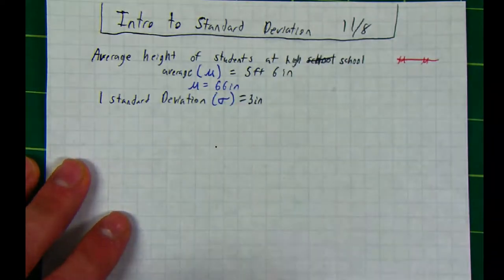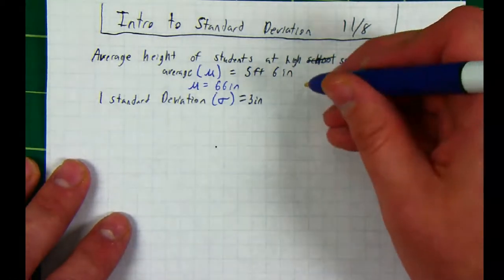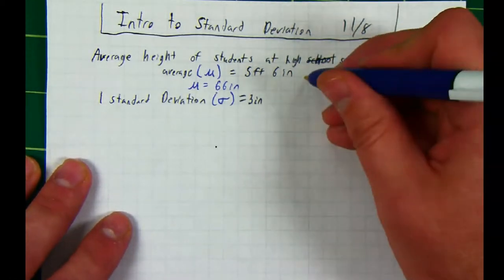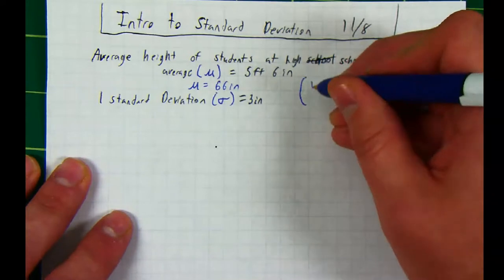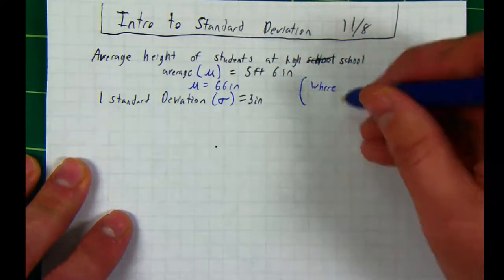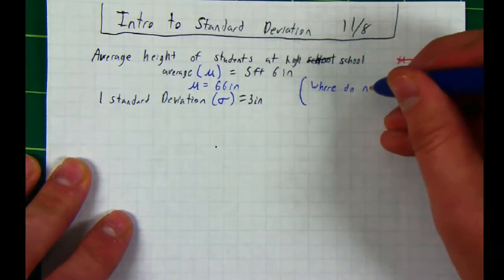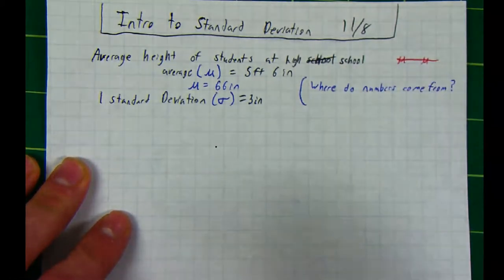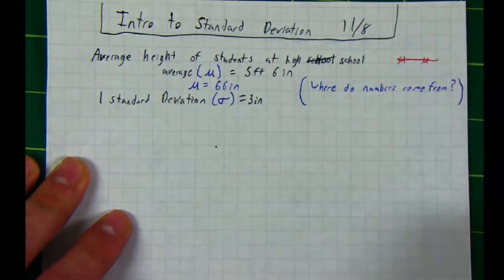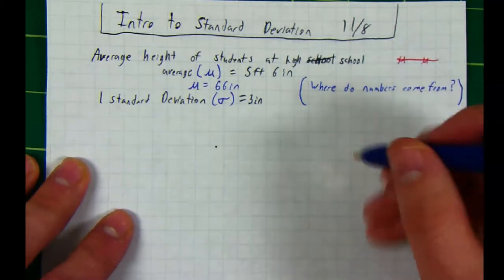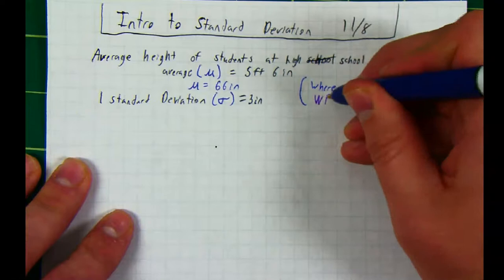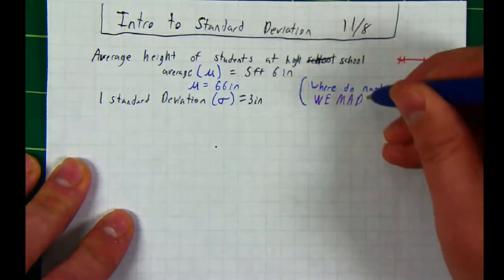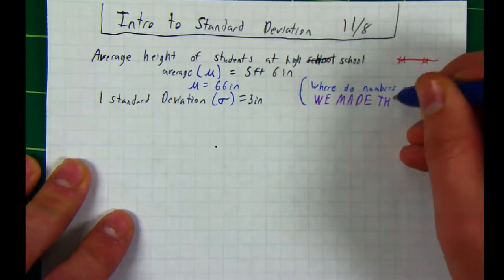So let's go ahead and answer that question right now. I'm going to write 2 big parentheses for myself. Where do the numbers to the left come from? I'm going to make this very simple for all of you. I'm going to write it in all caps. We made them up.